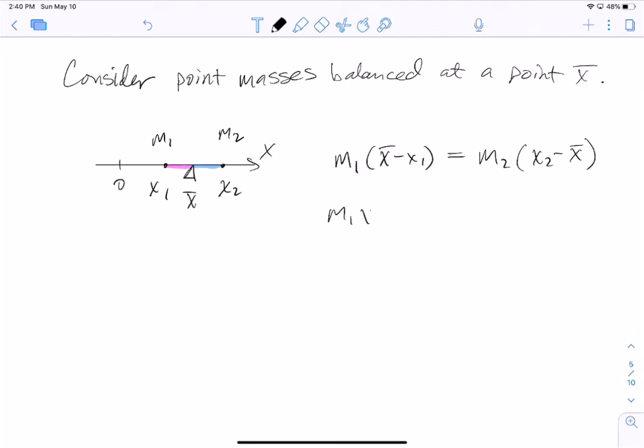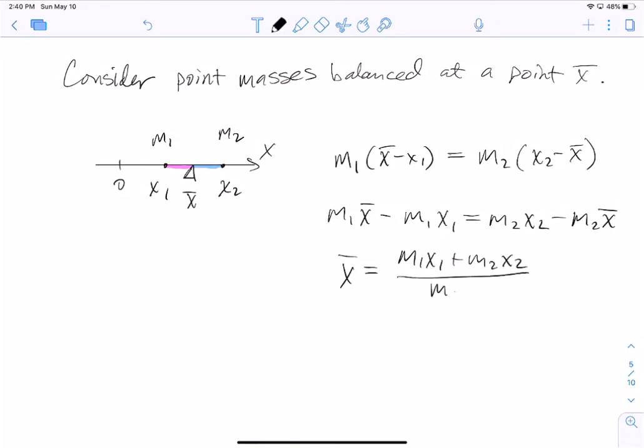Distributing, we get m1 x bar minus m1 x1 is equal to m2 x2 minus m2 x bar. And solving for x bar, we get that x bar is equal to m1 x1 plus m2 x2 over m1 plus m2.